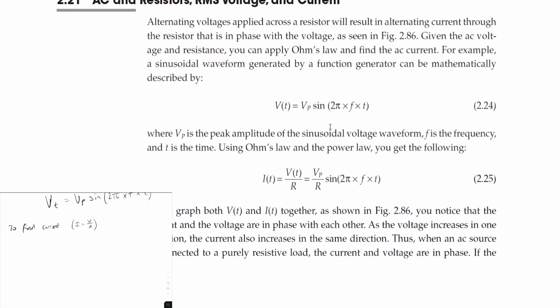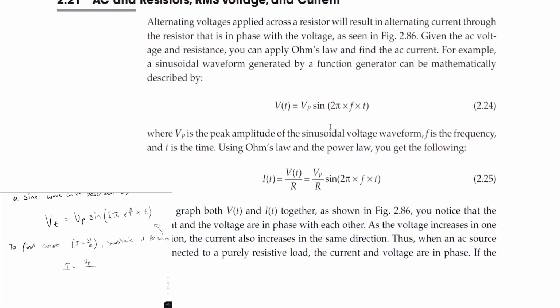So defined current I is equal to V divided by R. Substitute in VP, substitute V for this equation.